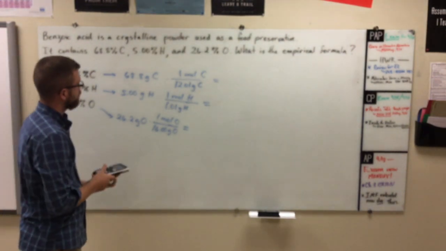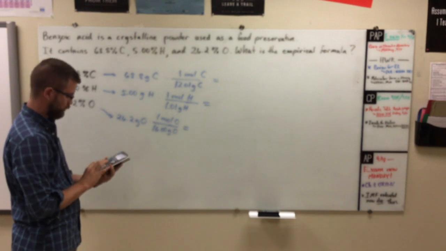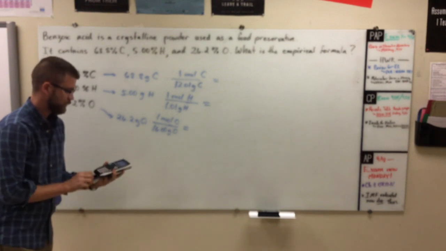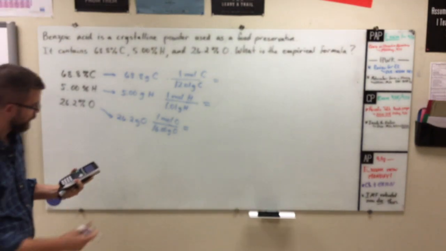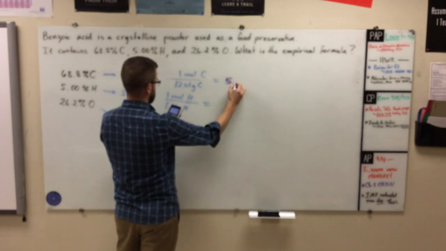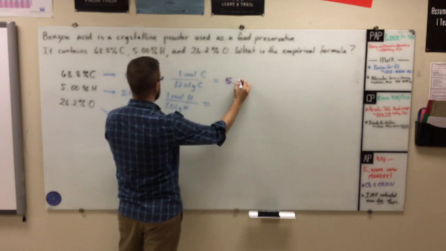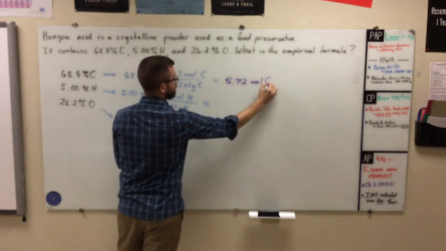Welcome back. All right, so we're going to go 68.8 divided by 12.01. Now we have some cool stuff. We've got 5.72, and that's going to be moles of carbon.